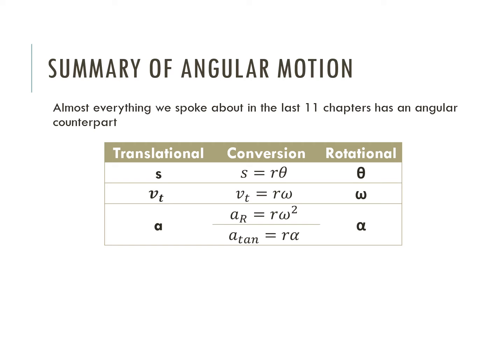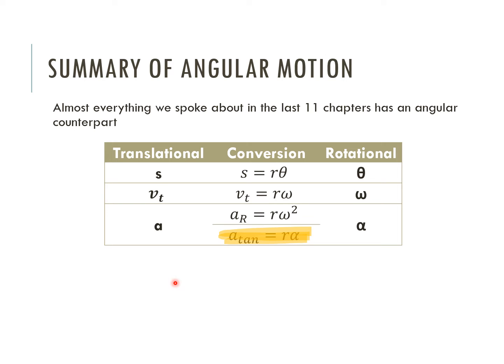The majority of what we've been dealing with in reality is the tangential acceleration in this class. We've been focusing a lot more on this particular equation. The other one is more important for uniform circular motion, which we did not cover in this class.